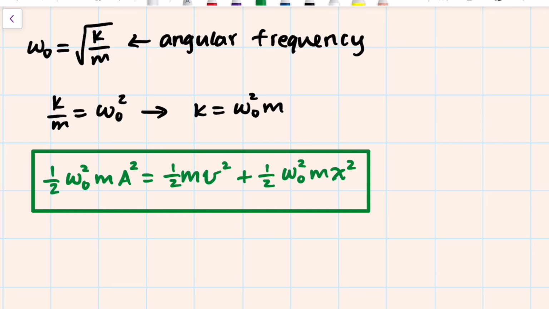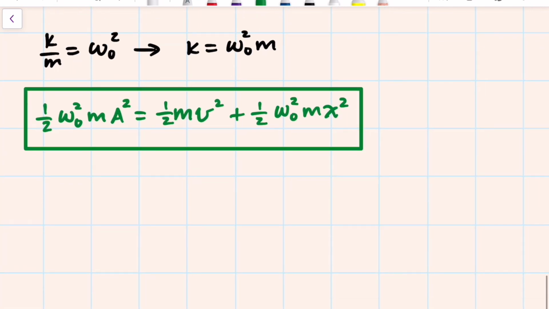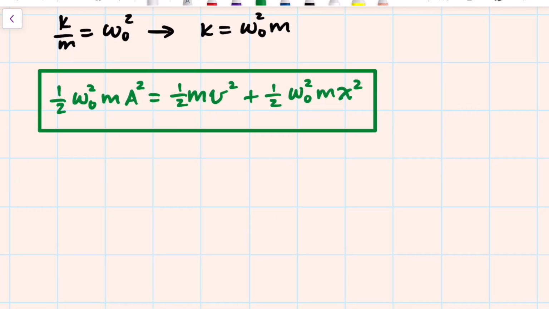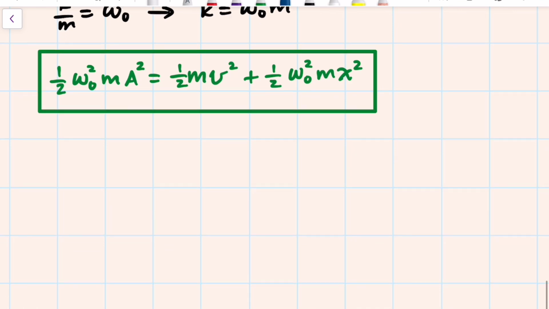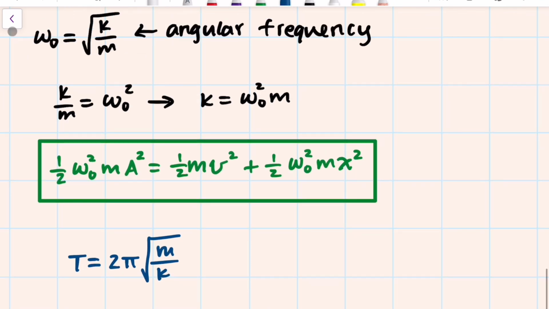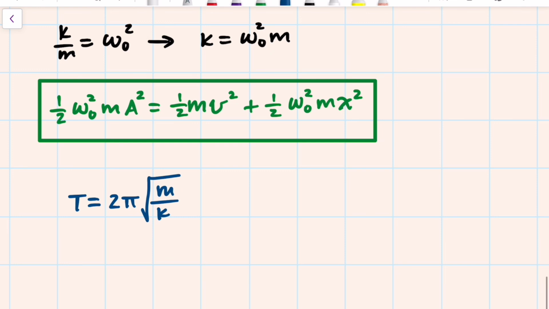I'm not going to derive those quantities. I just want you to have those formulas, okay? So the period of a mass on a spring, or if we're modeling a system as a mass on a spring, will be as follows: 2 pi times the square root of m over k. And notice how this is flipped. So we can say that the period is equal to 2 pi divided by omega naught, the angular frequency.